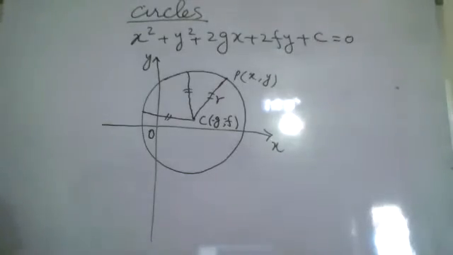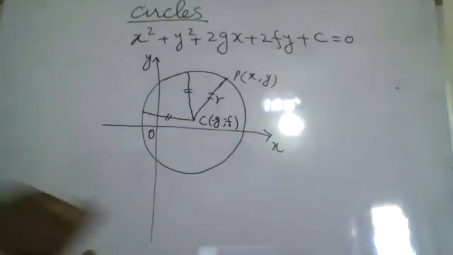Then it will be equal to 0. This will be the standard equation. X square must be there, y square must be there, both must be positive, both must have the coefficient 1, and equal to 0.